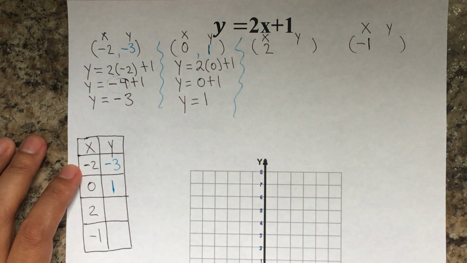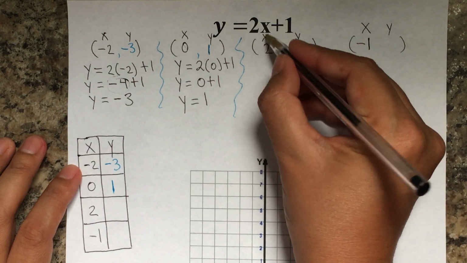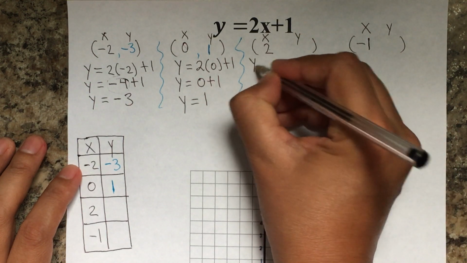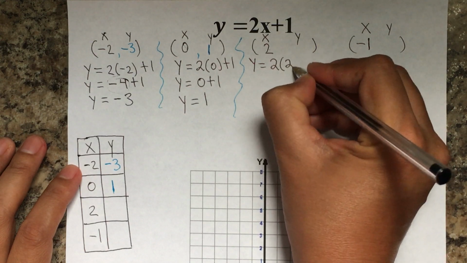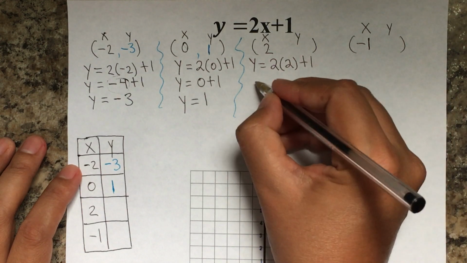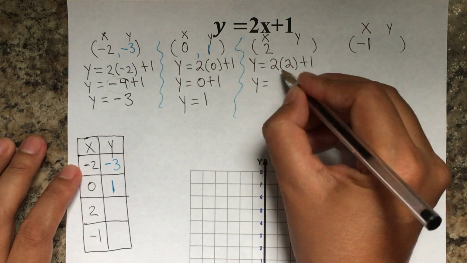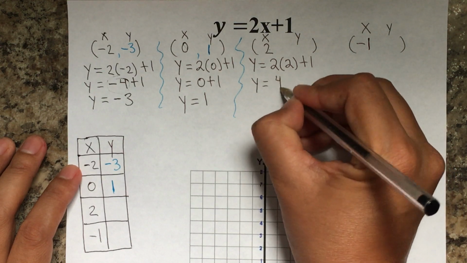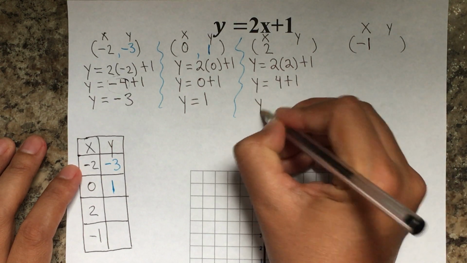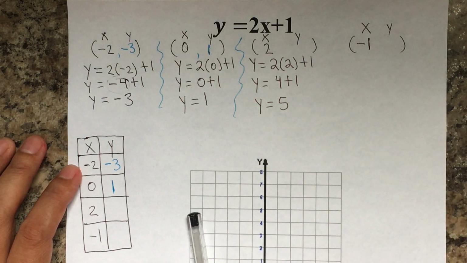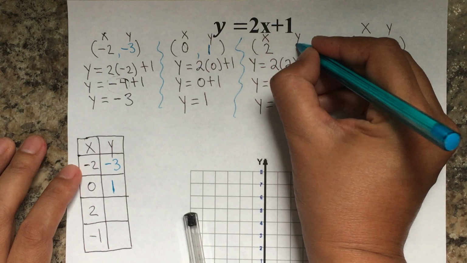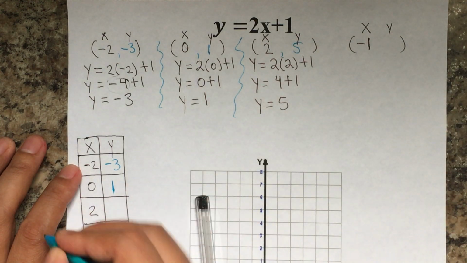The next one, we're going to replace 2 in x. So y equals 2 times 2 plus 1. We simplify, and 2 times 2 is 4 plus 1. And 4 plus 1 is 5. So the value of y is 5.